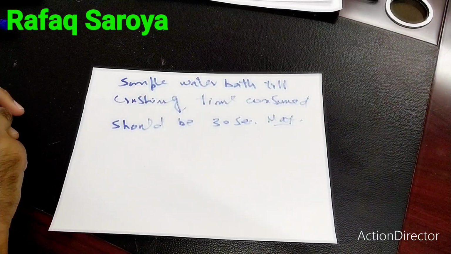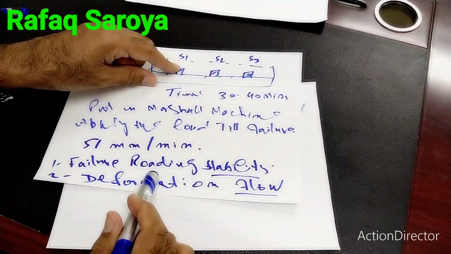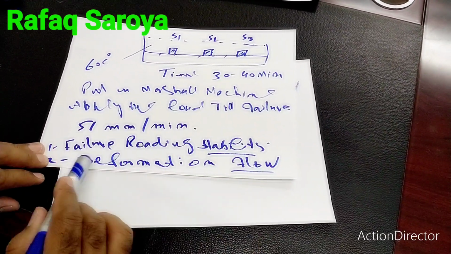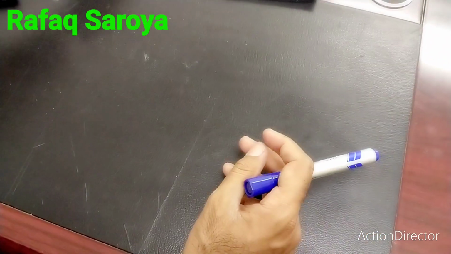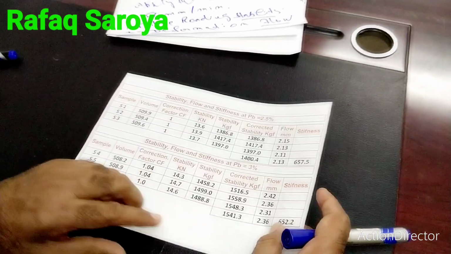Now I have already told you that we will go on taking the sample, put it in the Marshall machine, note the failure reading for the stability, and note the deformation reading for the flow. And what are these values? Because this test I have already performed, I will show you over here.